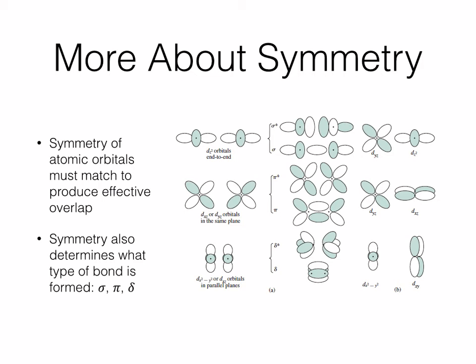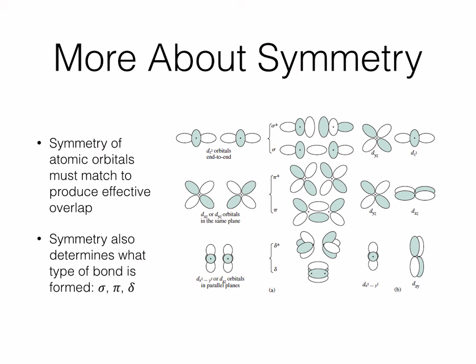Another thing about the symmetry is the nature of the molecular orbital that is formed by the interaction of atomic orbitals. There are three popular common types of molecular orbitals. They are labeled as sigma, pi, and delta. Those symbols basically indicate how many nodal planes there are along the bond axis. A sigma bond does not have a nodal plane that contains the bond axis.